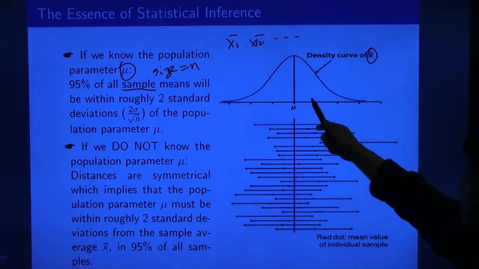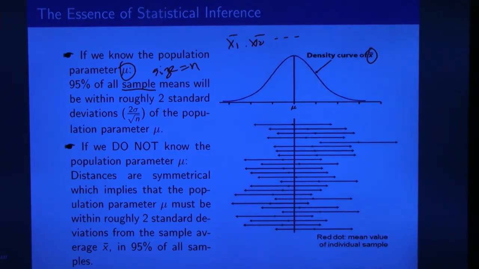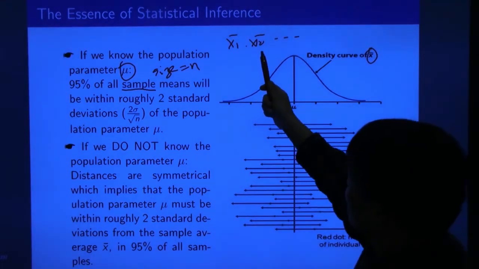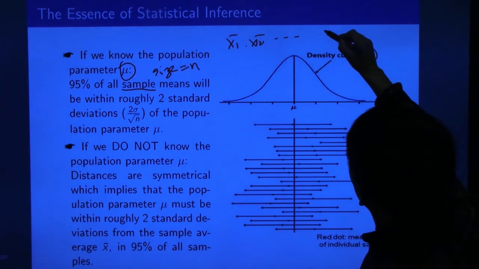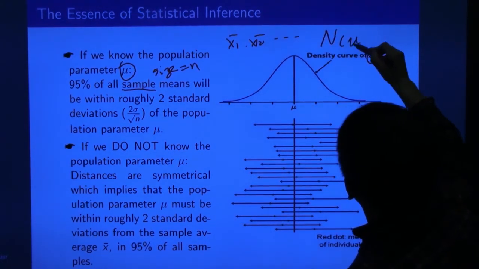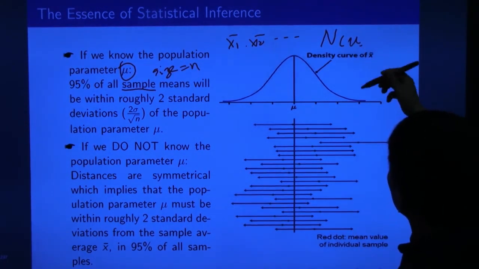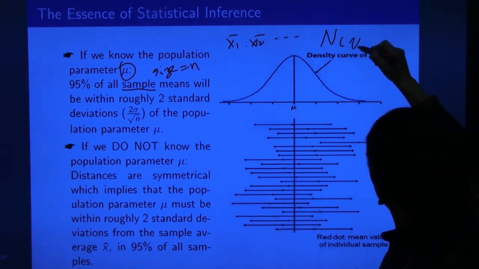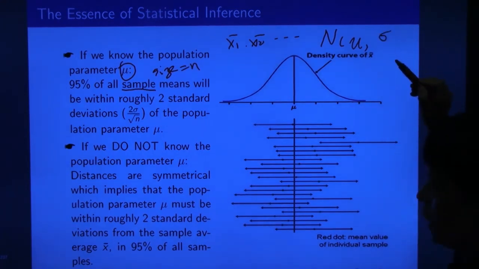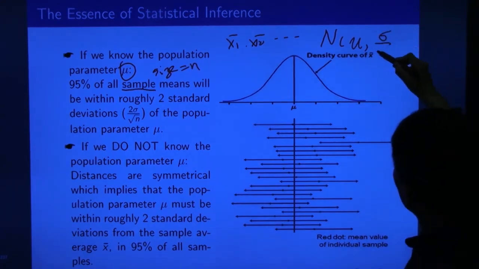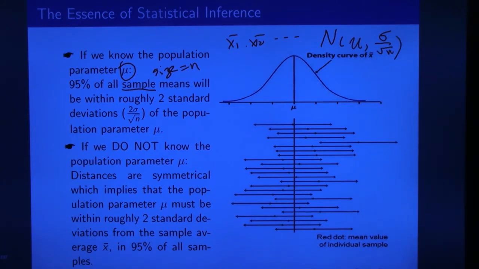Now, for x1 bar, x2 bar, all these sample means, they will have a normal distribution centered at mu, and the standard deviation will be equal to the population standard deviation divided by the square root of n, where n is the sample size.